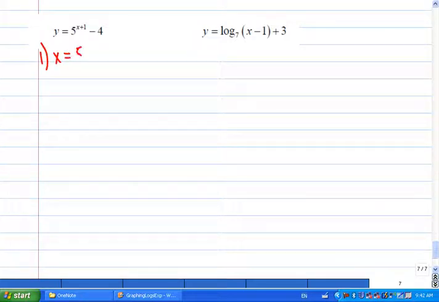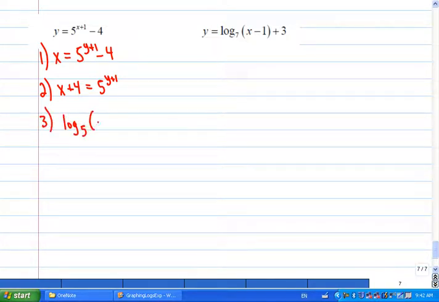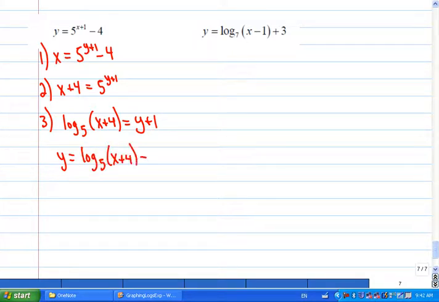So I'm going to go ahead, but you may want to pause it again. If I rewrite this and then isolate it, and rewrite it as a log, then that would tell me the inverse is log base 5 of x plus 4 minus 1.